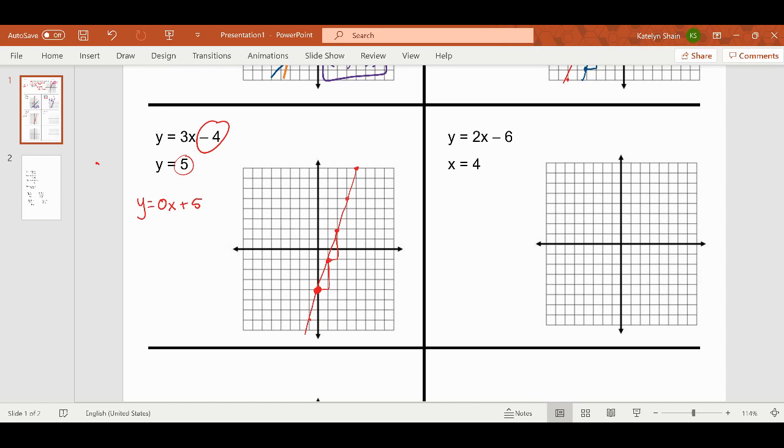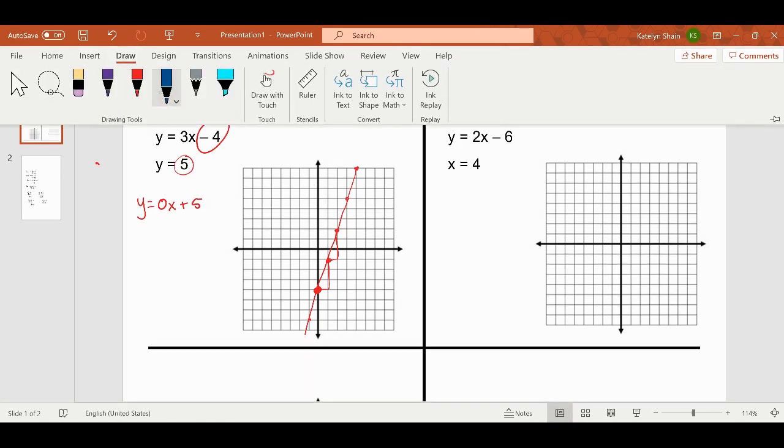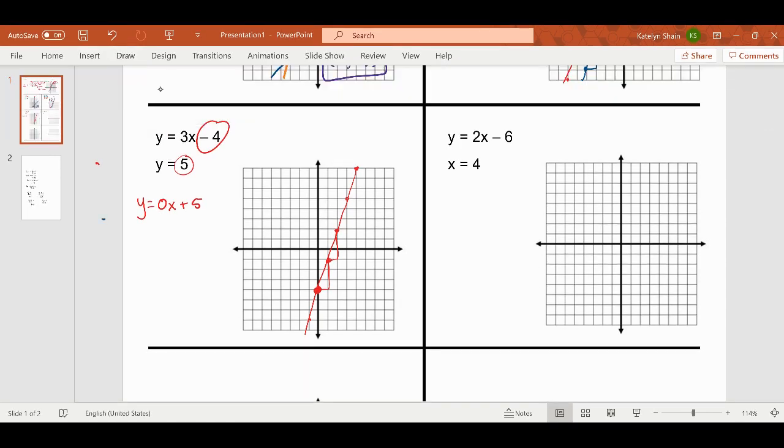If you graphed it this way, we would see that my y-intercept would be at 5, but then my growth is 0. Okay, so every time I go over 1, I'm not going up or down at all. So I just have a straight line straight across at 5. Okay, so this is a horizontal line. When you don't have any growth, it is a horizontal line.